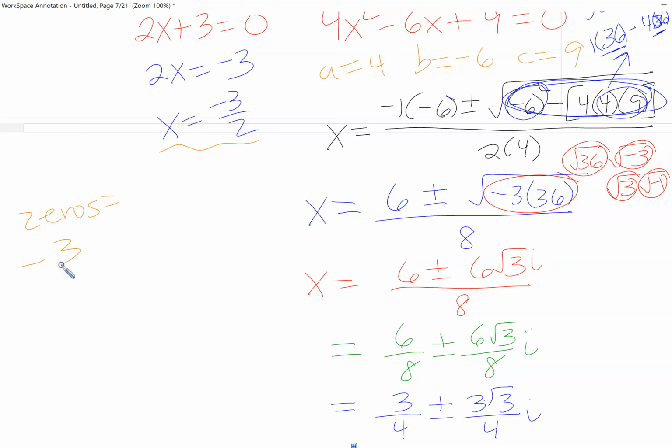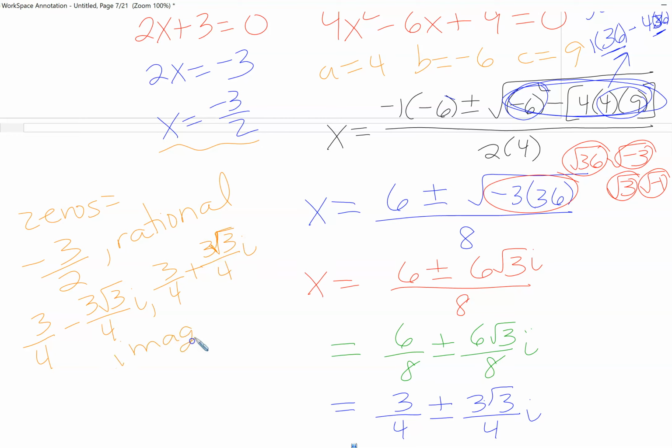So we have negative 3/2, which is a rational zero. And then we have 3/4 minus 3 root 3 over 4 times i, and 3/4 plus 3 root 3 over 4 times i. And those are both imaginary because of the i.